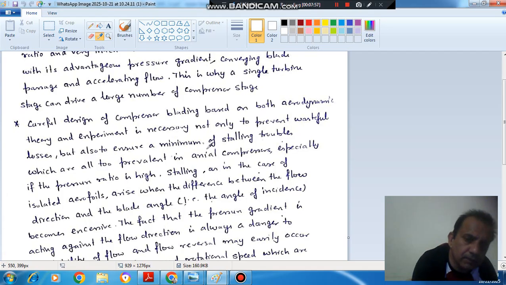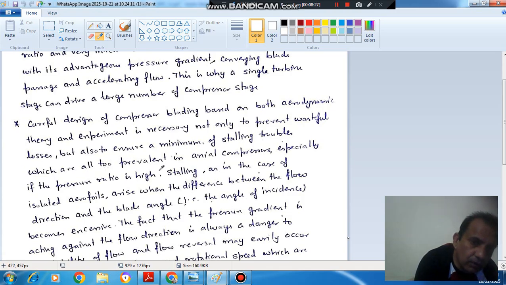The next problem in the compressor is the stalling problem, which we have studied in the centrifugal compressor. At a large angle of incidence, the breakdown of flow occurs and the reversal of flow can take place. So this is a stalling problem, and the blade should also be designed for that.